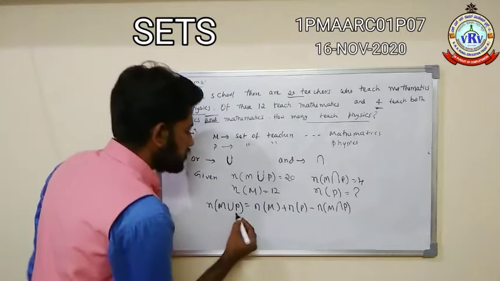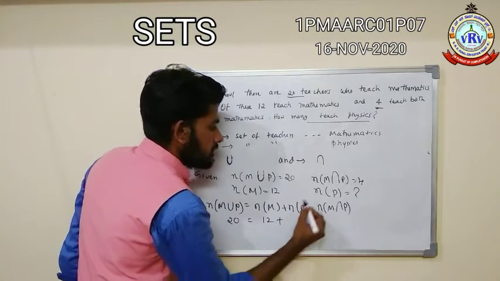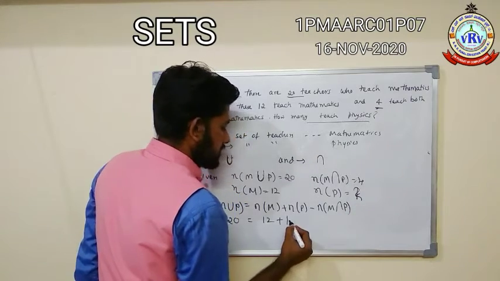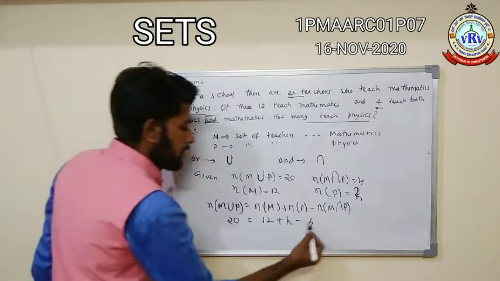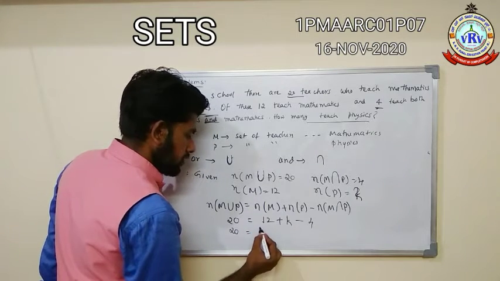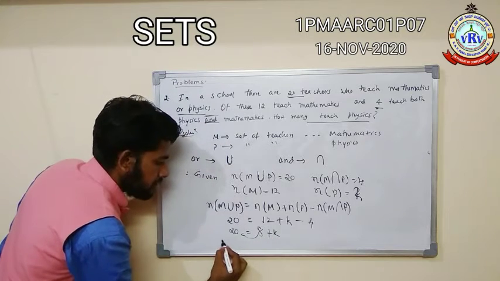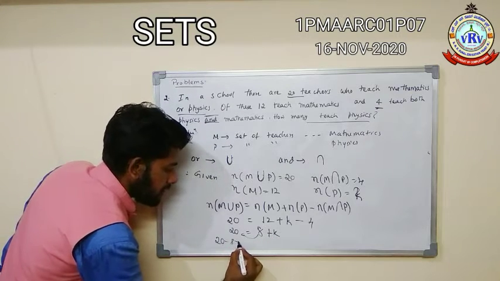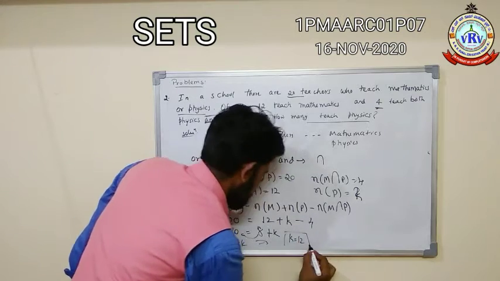Just substitute the values. 20 is equal to 12 plus this we can take as some other constant k minus 4. So 12 minus 4 is 8 plus k. If I shift 8 to the other side, 20 minus 8 is equal to k, which implies k is equal to 12.